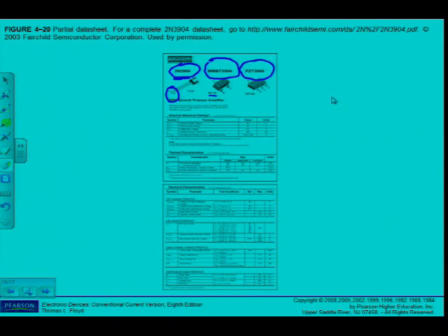And for the other devices as well. And normally it will give you the physical size of it as well, because if you have to design a circuit on a printed circuit board, you have to know the physical size of these devices so that you can do your design properly to get all these components fitted onto the board.